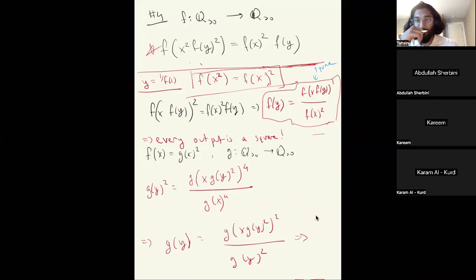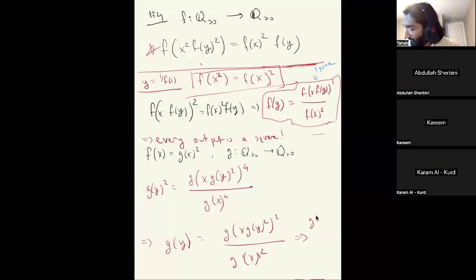Actually, why did we write g of y squared in the denominator instead of g of x? Oh, that's right, x, my bad. This should be x, you're right. Oh, so g of y only outputs square numbers. That's right.